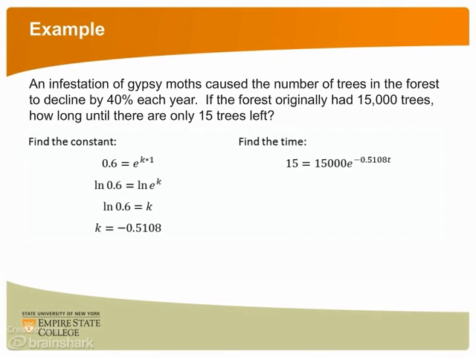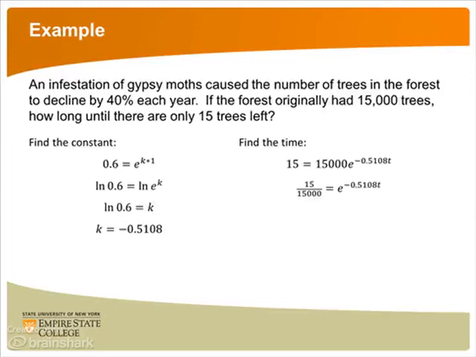Now that we know the constant k, we can plug in our information to find the time. Our target population is 15, and the initial population was 15,000. Entering this information into the formula, we have 15 equal to 15,000 multiplied by e raised to the negative 0.5108 times t power. Divide both sides of the equation by the initial population of 15,000.